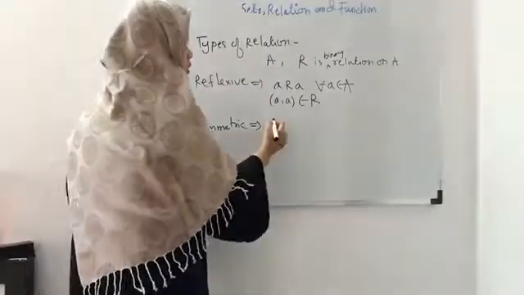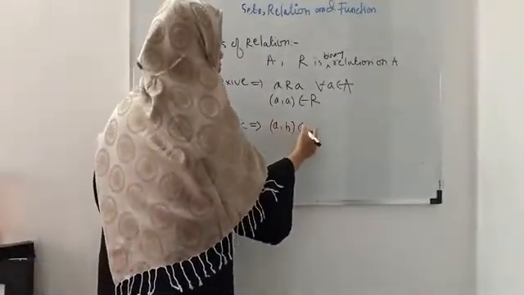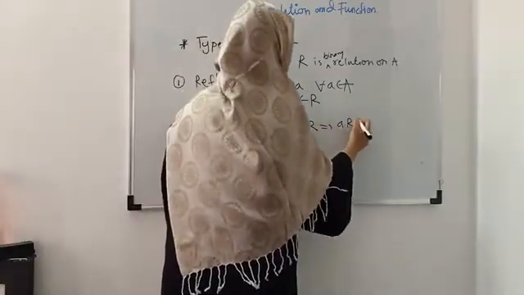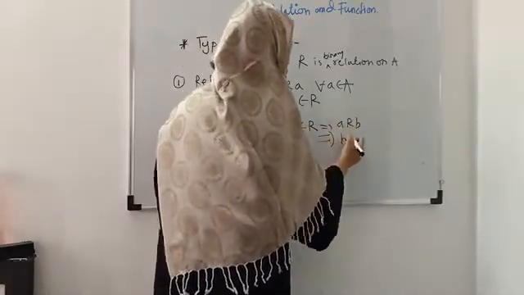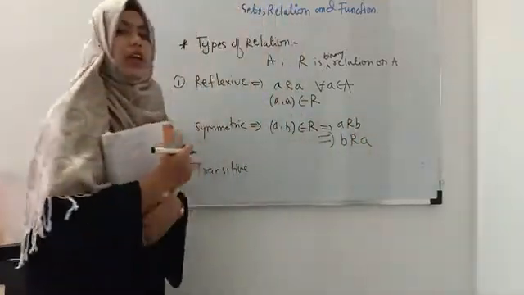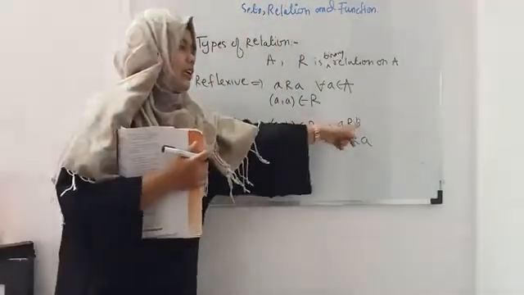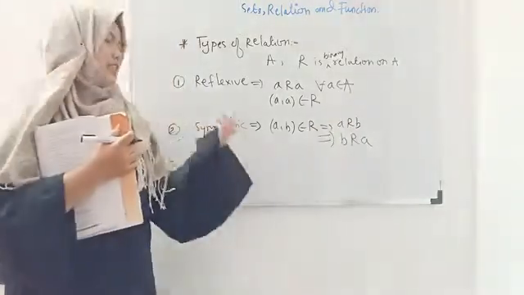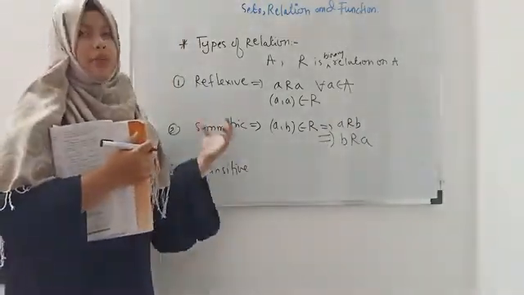Then the second type is symmetric. Symmetric means what? If you have A comma B belongs to relation, that means A is related to B, then B should also be related to A. अगर A related to B है तो B भी related to A होना चाहिए under the relation R, then that relation is called symmetric relation.